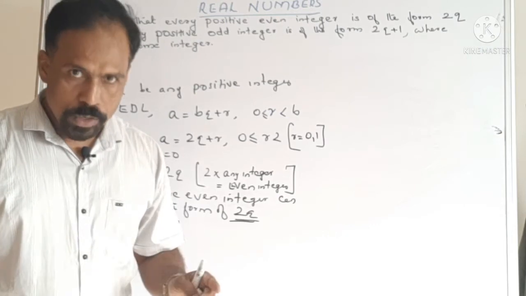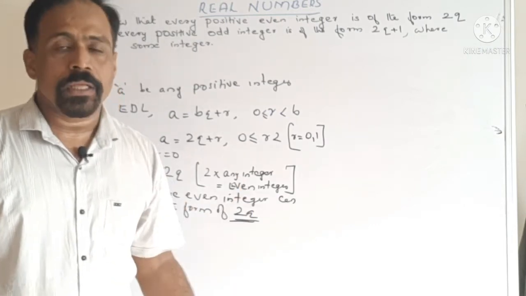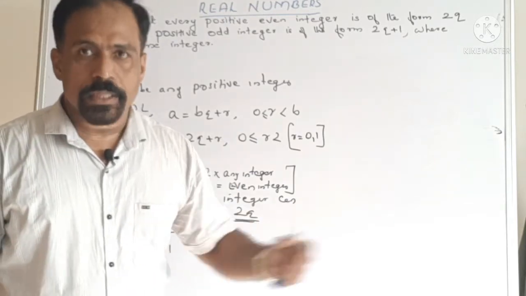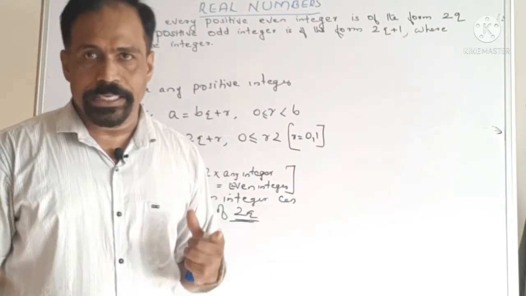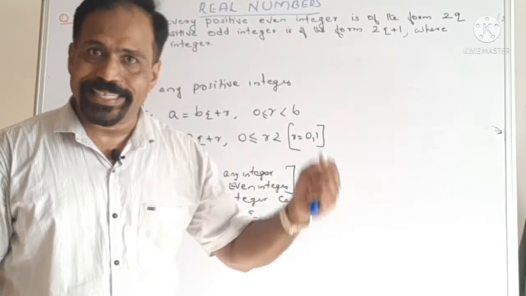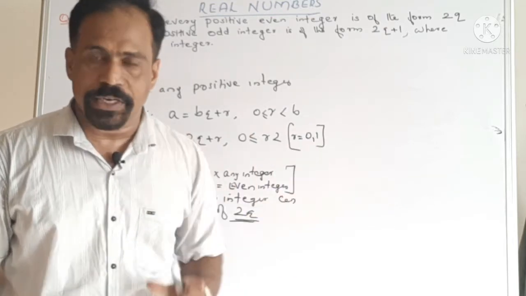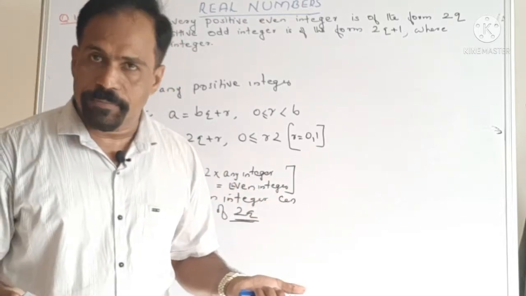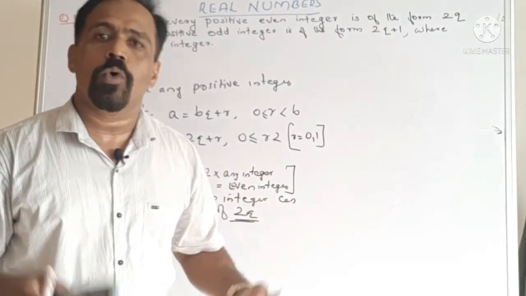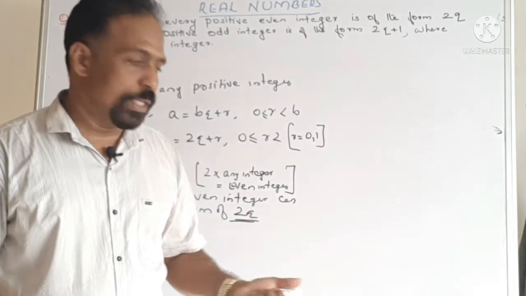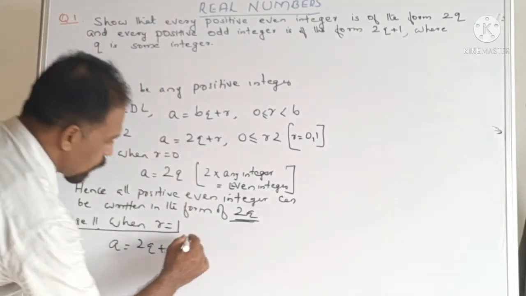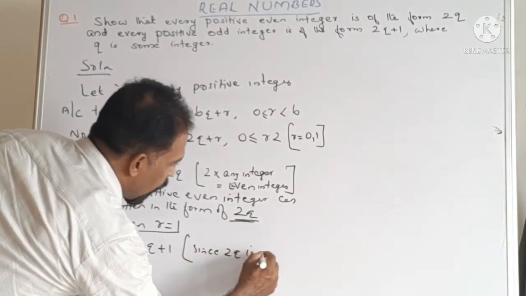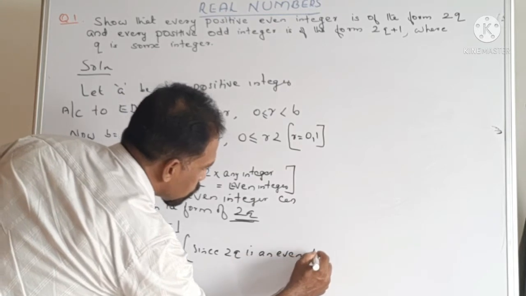Sure? Or you can again prove it like this. You know that the positive integers consist of odd integers and even integers, and 2q is an even integer.